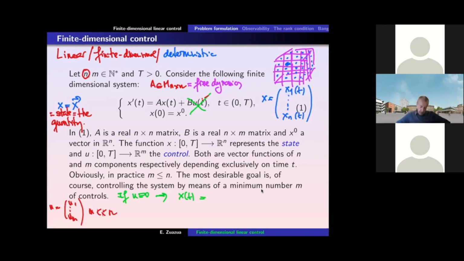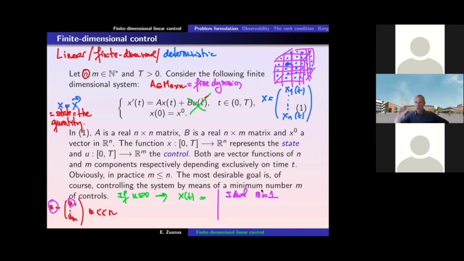And so typically, the ideal case will be when you have just one control, M equal 1. Then if M equal 1, the control U is just a scalar, u(t). And with u(t), when you say U large, you mean a lot of intensity, positive or negative. When U is small, you simply mean a small intensity, positive or negative.